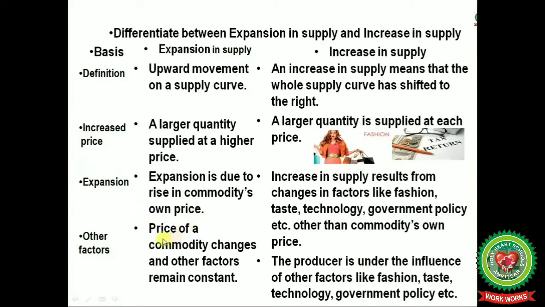Under the expansion in supply, the price of a commodity changes and the other factors remain constant. While under the increase in supply, the producer is under the influence of other factors like fashion, taste, technology, government policy, etc.